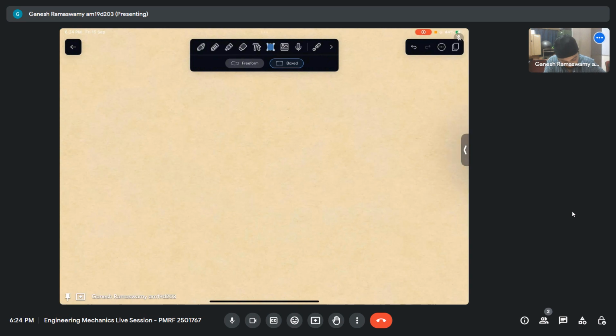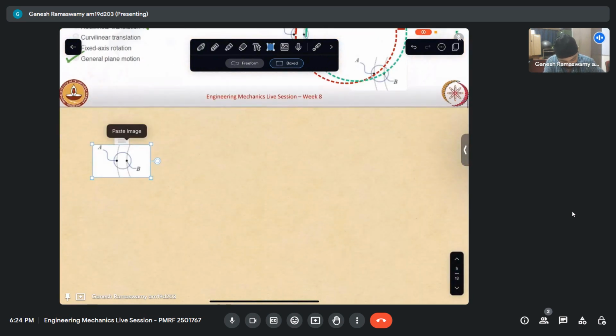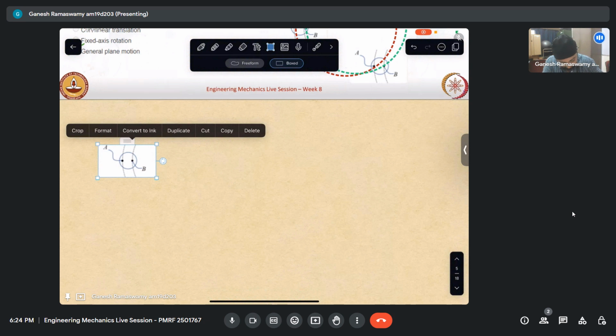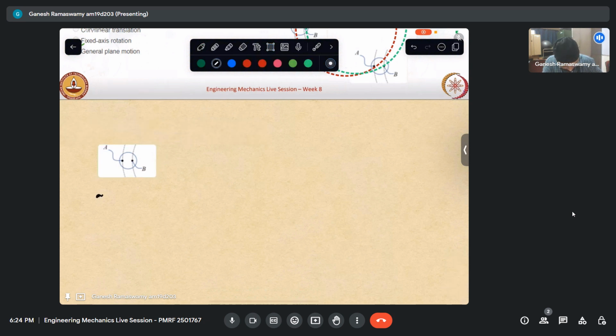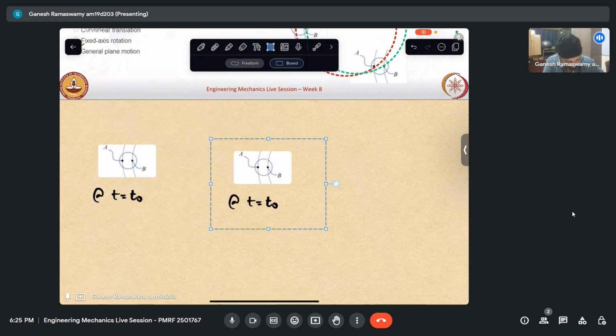If we said that the body was undergoing fixed axis rotation, so this is at time t equal to t naught, at time t equal to t1, it would have been like that.